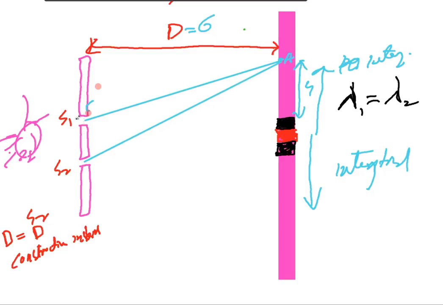Then from here you will draw a perpendicular line. Then you need to find this. If you get this as a whole number, then it means this point will be bright. No, it has to be a multiple of 2.